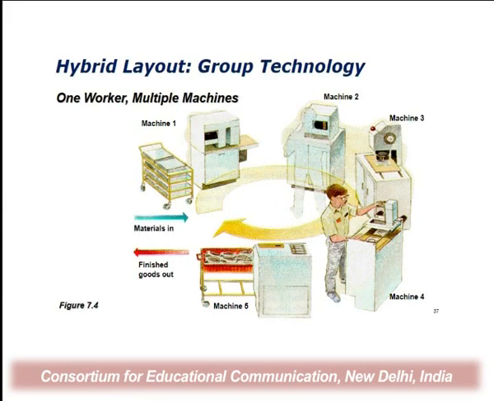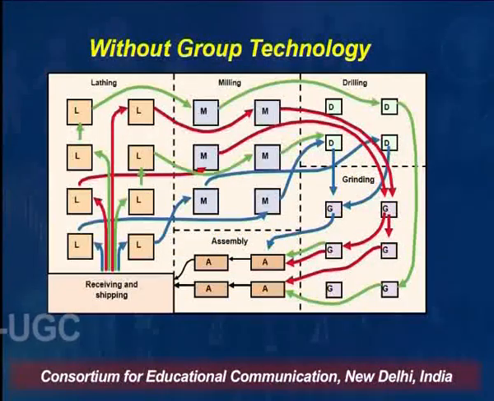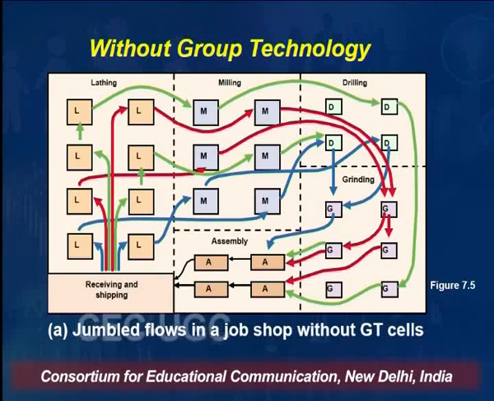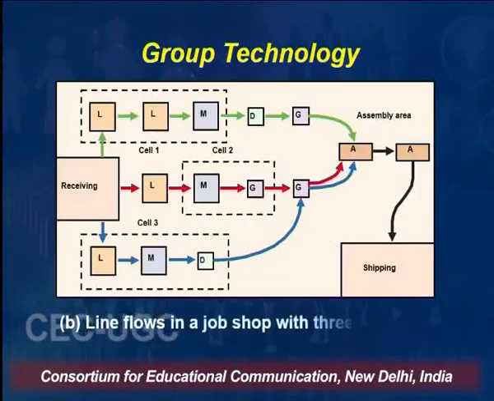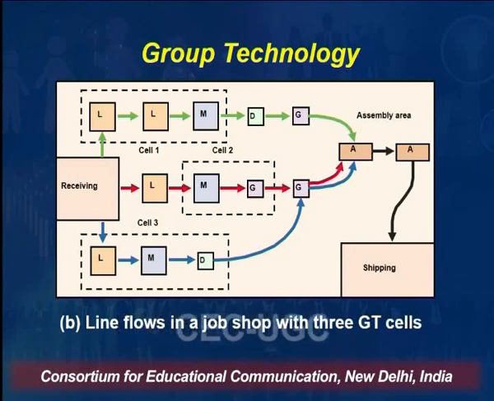So you have created cells within the broad contours of a product layout or process layout. Without group technology, this flow would look like a very jumbled flow, but here you have created cells within them, so you have removed the zigzag kind of routes, right?